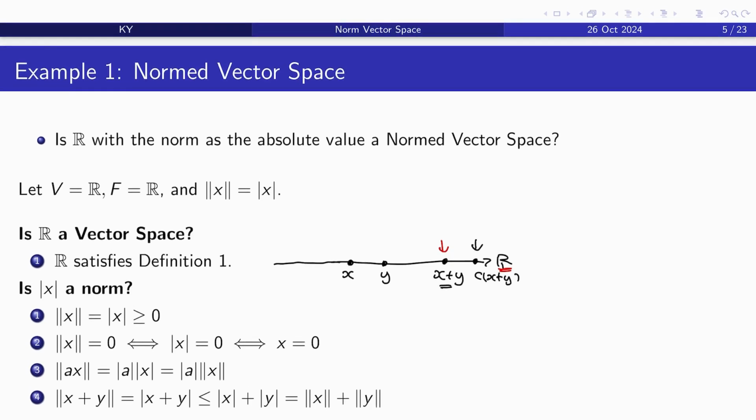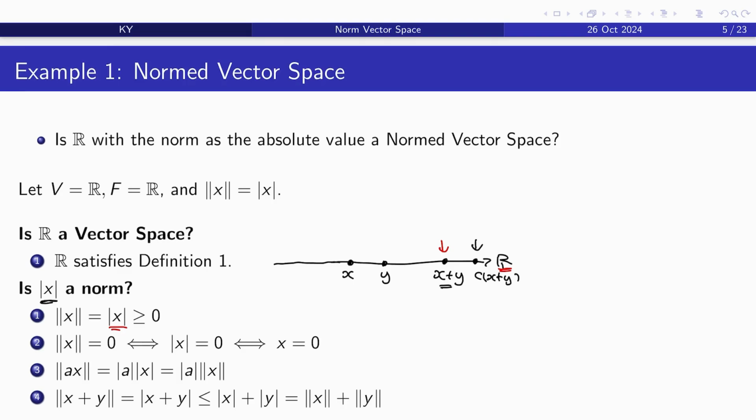So let's check whether the absolute value is a norm. Well, our norm is defined as the absolute value, and what the absolute value does is basically you take a number.